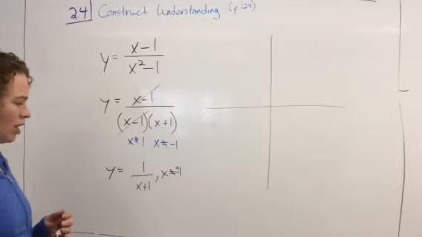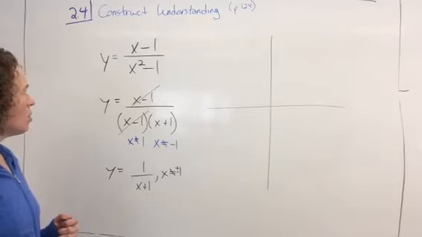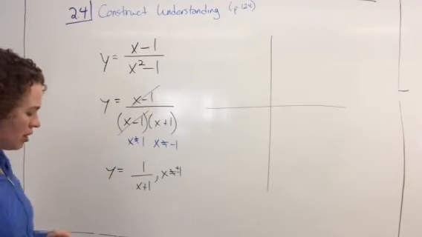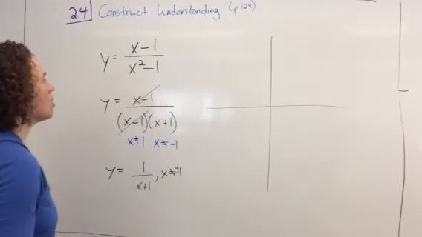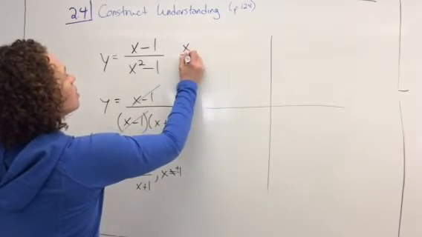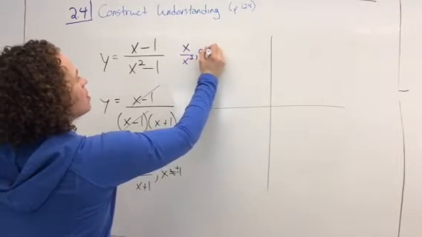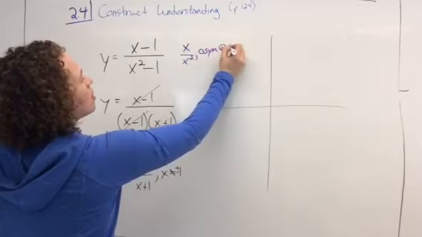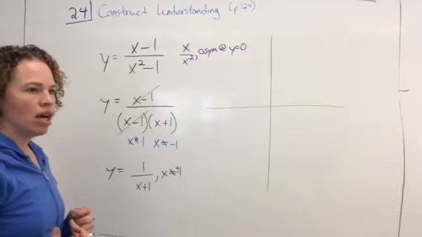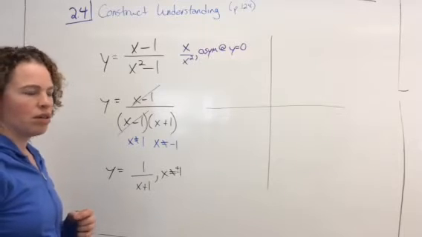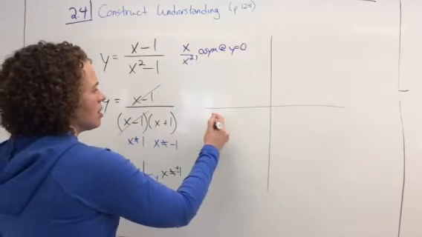So now what? What else do we know? Well, we have x over x squared, and when we have that, we have an asymptote at y equals 0. So I can actually draw in my asymptotes. y equals 0 right along this line.